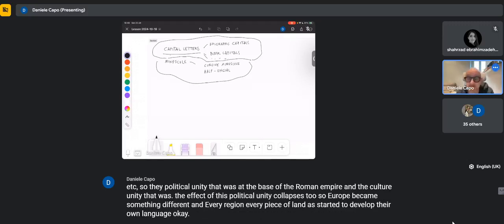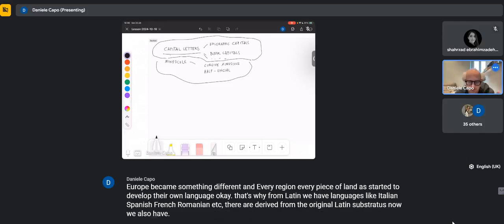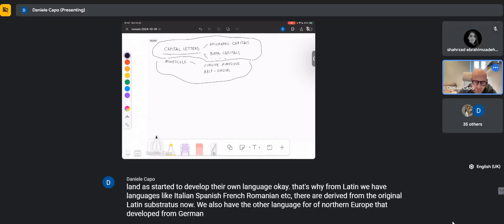That's why from Latin we have languages like Italian, Spanish, French, Romanian, etc., that are derived from the original Latin substratum. Now, we also have the other languages of Northern Europe that developed from Germanic roots.